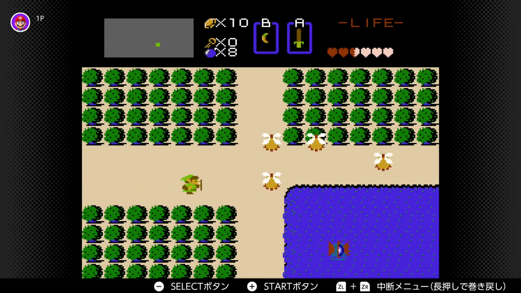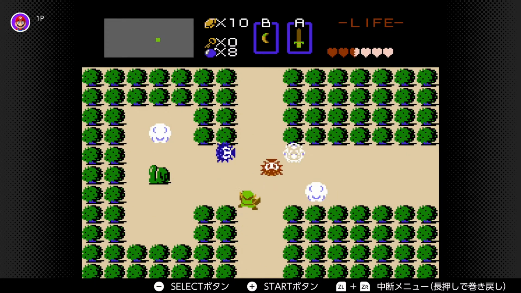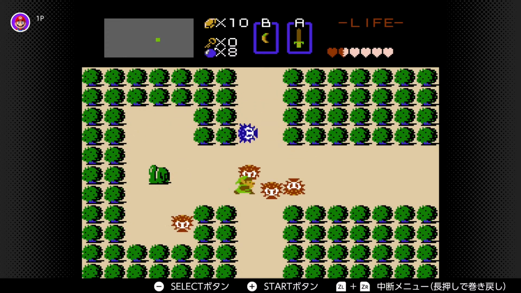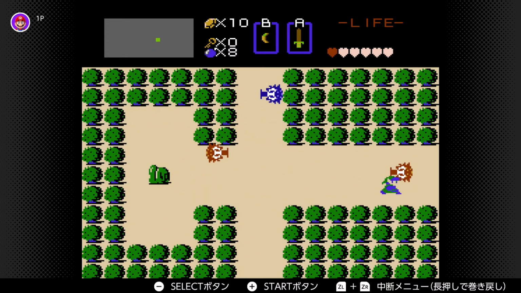We have to find a section with these woods. And then goes to the left. Of course, at the right moment, because otherwise we won't find it. Boy. We're about to die again. Oh. Barely avoided.